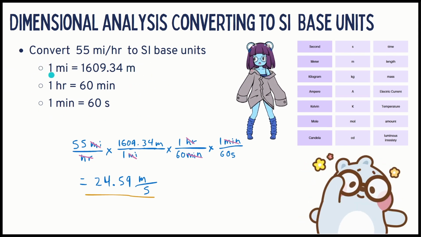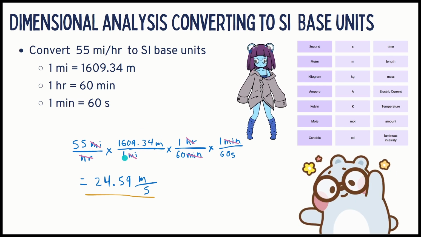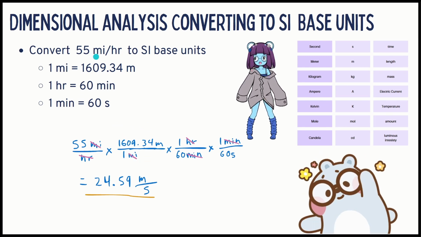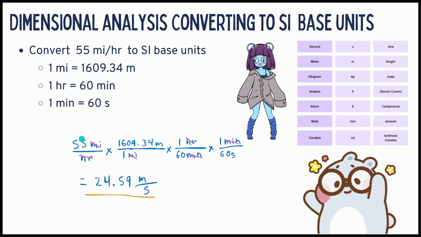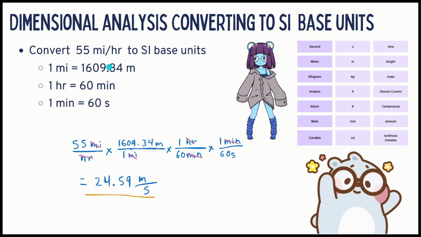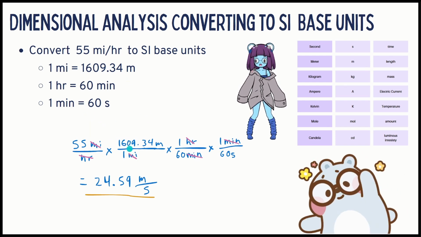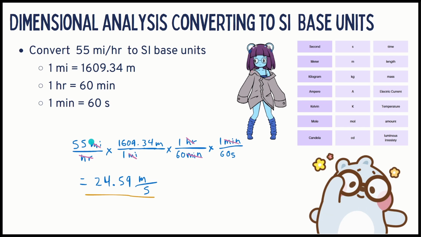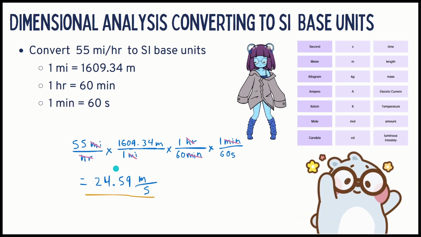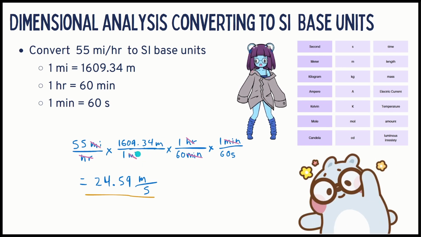So you can take this conversion factor, make it into a ratio, just like this. Here we can see that miles is in the numerator. We put our given value like this. We write the conversion ratio so that miles is in the denominator. That way we can cross out miles. So now we have it in meters.